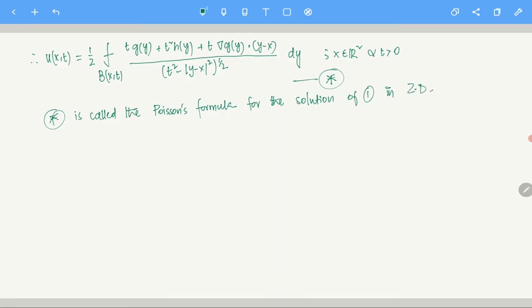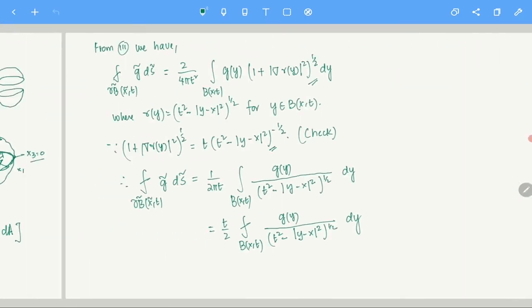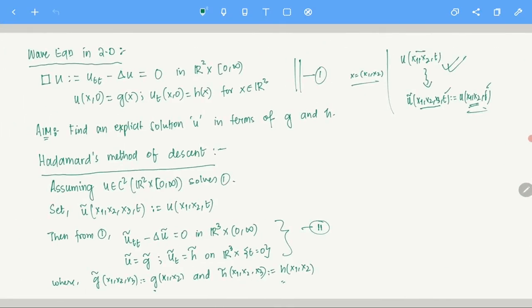Clear? Okay. So let me explain again what we did. I know how to work with the three-dimensional wave equation, which we did last class. There is Kirchhoff's formula which deals with the three-dimensional wave equation.